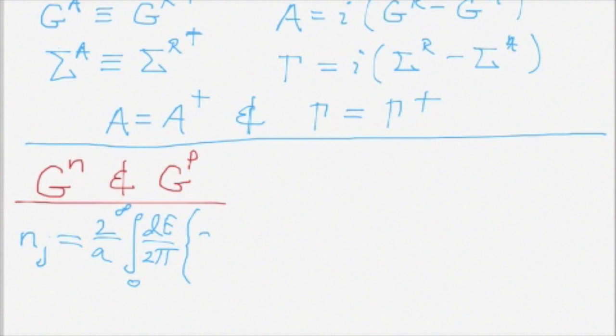So this is G^R_J1, and I'm grouping the gamma and the Fermi factor together.